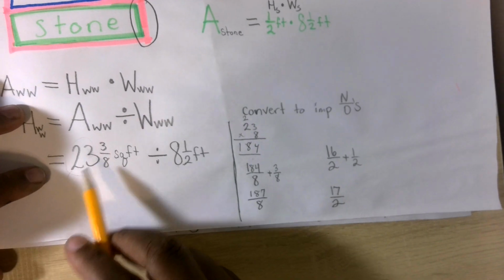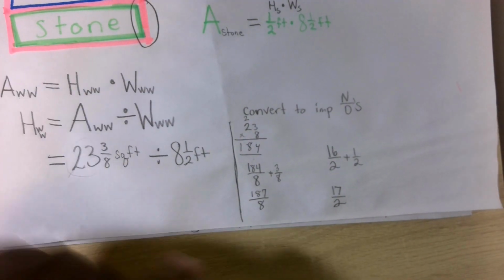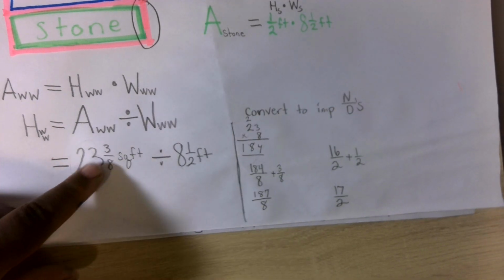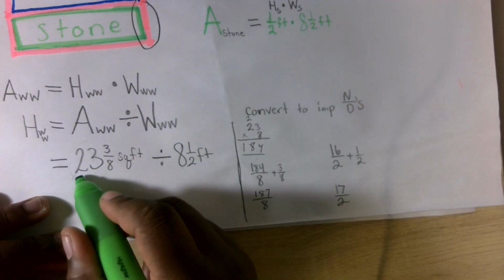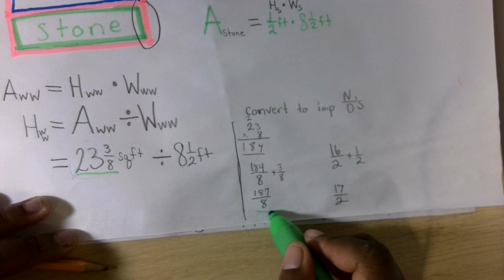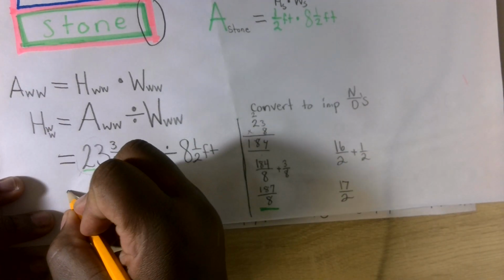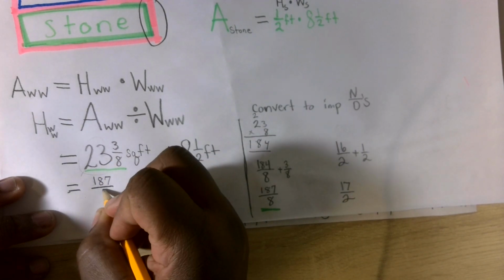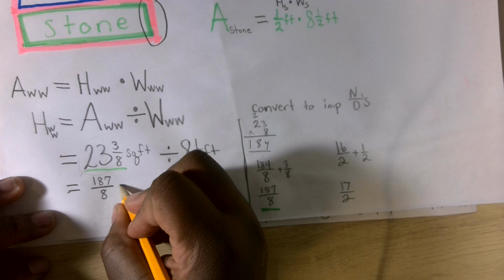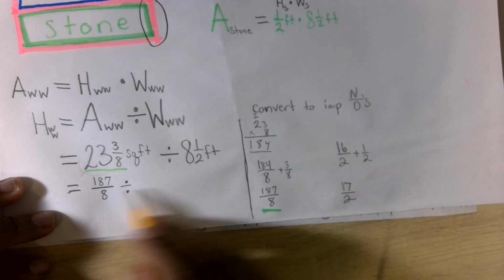So instead of writing 23 3/8 square feet, I'm going to write 187 eighths square feet.